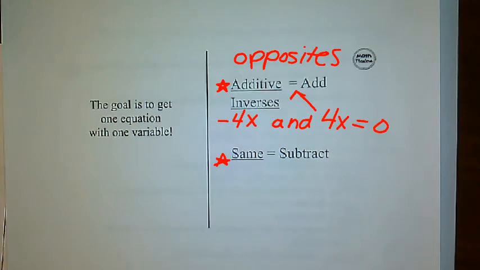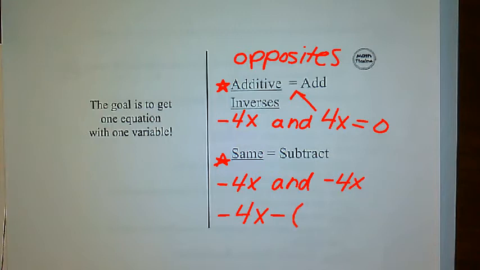If I have a negative 4x and a negative 4x, if I were to do negative 4x minus negative 4x, that's basically like adding. Remember, we have to add the opposite. So that would still equal 0. And again, the goal is to eliminate one of the variables.